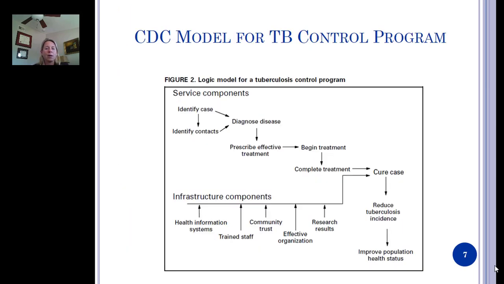So this is just an example of an evaluation for a TB control program. This is the CDC's model for TB control. And this is a particular model that just illustrates the different aspects of that TB control, so that if one were to go and do an evaluation of that TB control program, they may be focusing in on various aspects of this model.